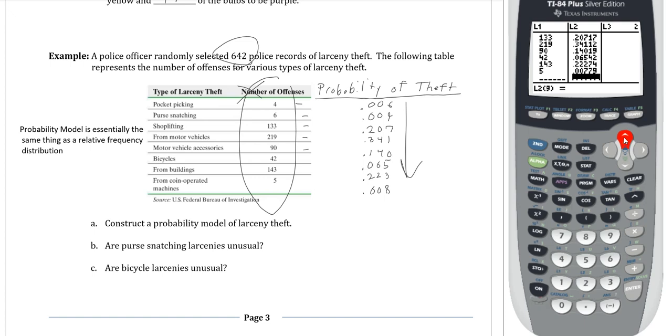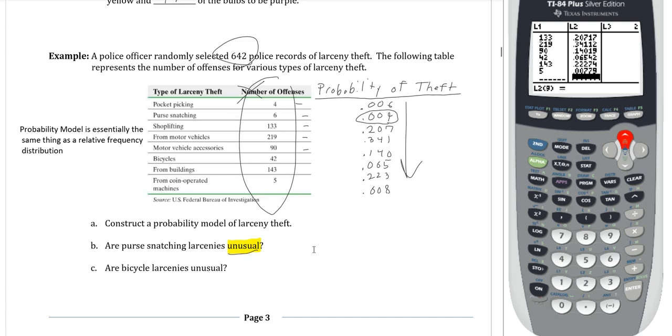Part B asks, are purse snatching larcenies unusual? Notice that word unusual. Again, remember that word unusual is very specific. So that is very particular for us. Purse snatching larcenies are the second one, so we're looking at 0.009. In order to answer this, I need to take that percentage chance, that 0.009, and compare that to 5%.